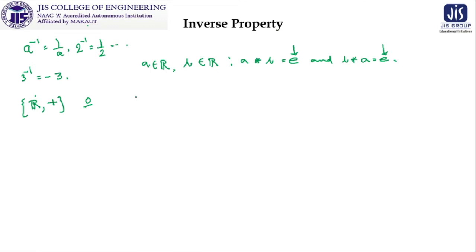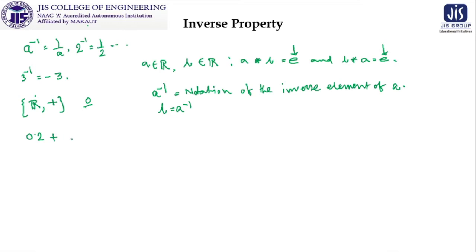And we have the concept that A inverse is nothing but the notation of the inverse element of A. So here we can write B is equal to A inverse. So if we take 0.2, our operation is plus, we need something that will give us the identity element of R with plus, which is 0.